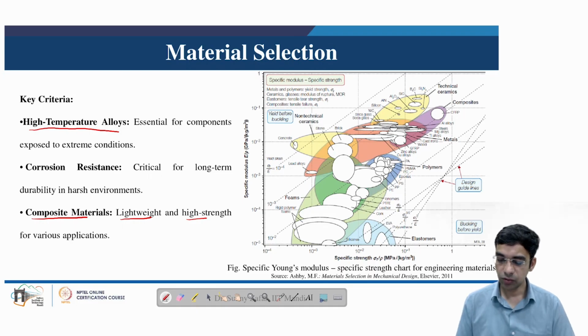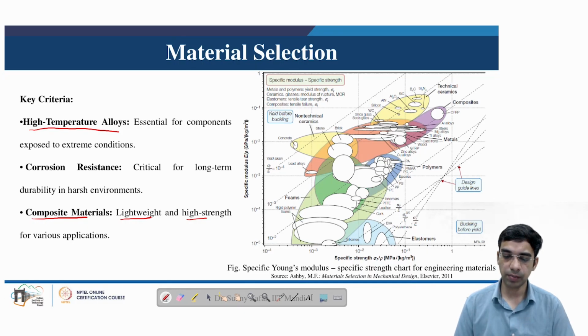These charts are known as material selection charts, which highlight the different properties of the materials and map them to different material types. What I mean by different material types is whether the material is polymer, metal, ceramic, or any type of composite.